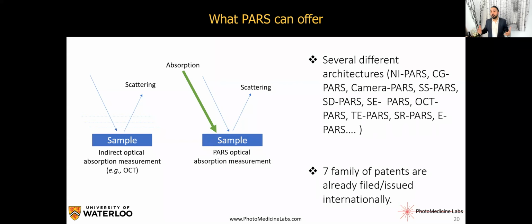We have single source technology, SD, SE. I'm going to skip them. We have a lot of patented architectures and designs that we are developing in the lab every day. So this is a very brief overview of what PARS can do. And as I mentioned, 7 families of patents have already been filed or issued internationally.